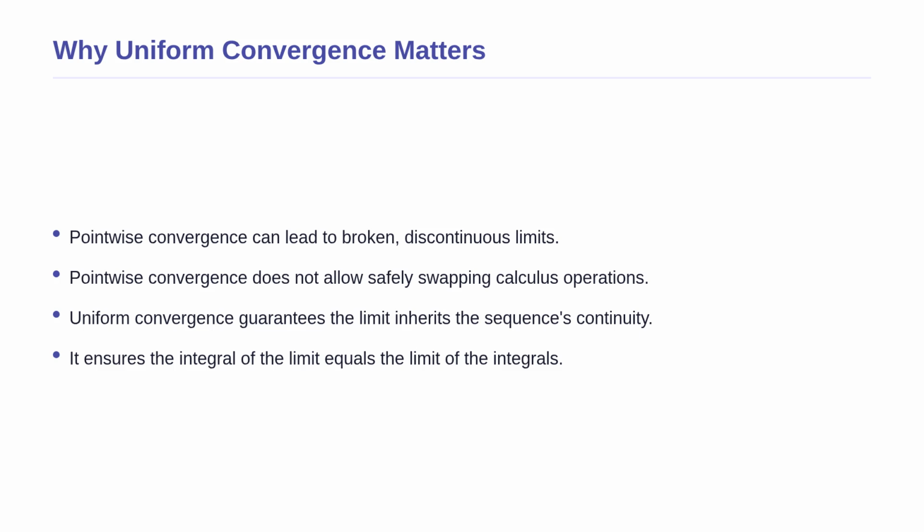A sequence of perfectly smooth functions can suddenly converge to a broken limit, and you cannot safely swap the order of calculus operations. If you try to integrate a pointwise convergent sequence, you might get completely wrong answers. Uniform convergence is the mathematical safety net that guarantees the limit function will inherit the good properties of the sequence, making advanced approximation methods reliable.